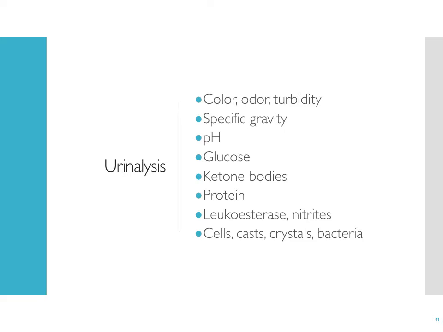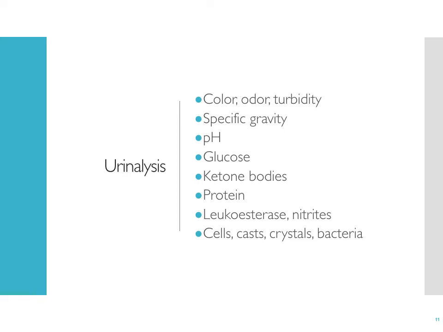We will get reports back that will look at the specific gravity, the pH of the urine, whether or not there's glucose in the urine. There really shouldn't be glucose in the urine. Whether there's ketone bodies, which is the result of the body breaking down proteins.